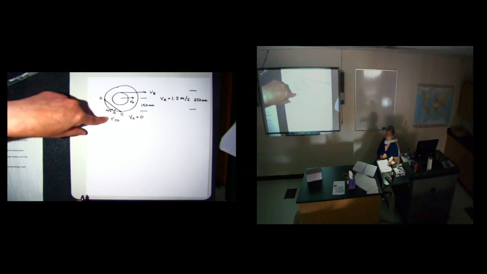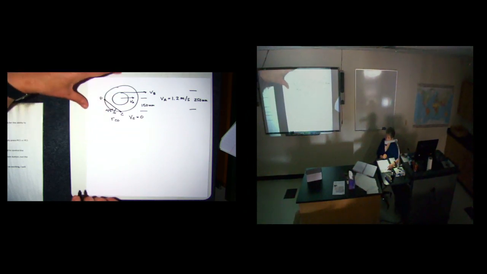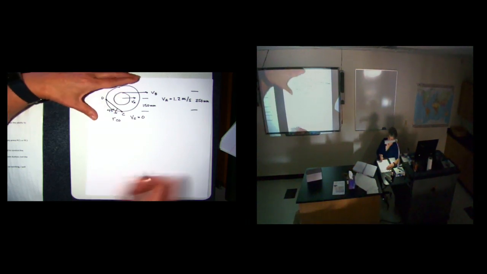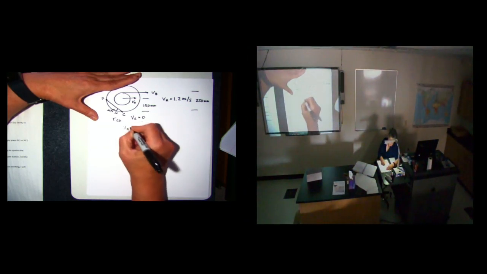If I have this locked in place, that point C is not going anywhere. This is a shaft, and it's a fixed shaft. I pull this, and that point's never going anywhere.